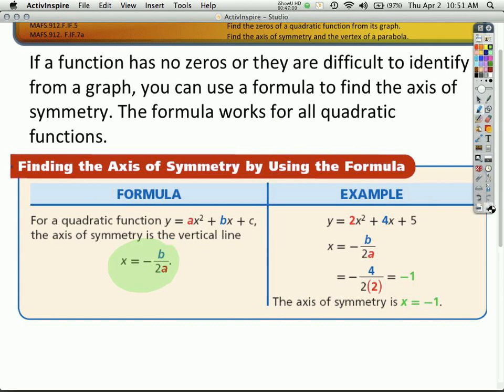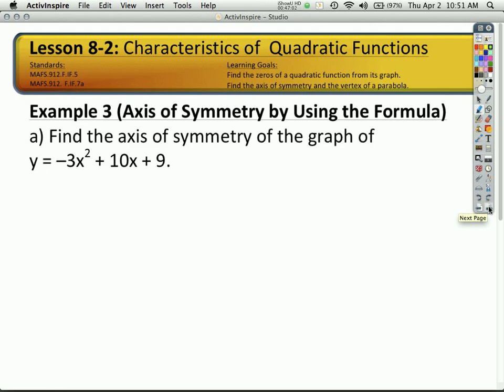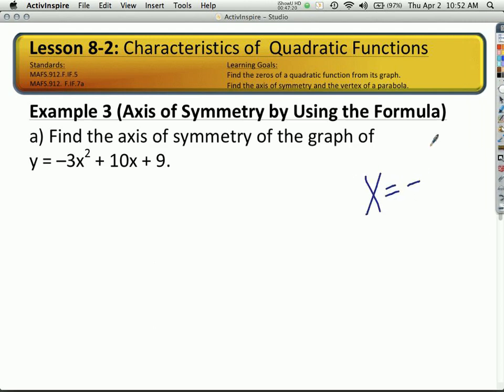So let's go ahead and work on this ourselves. Find the axis of symmetry of the graph, but we don't have the graph. The function is y equals -3x squared plus 10x plus 9. The formula is x equals the opposite of b over 2a.